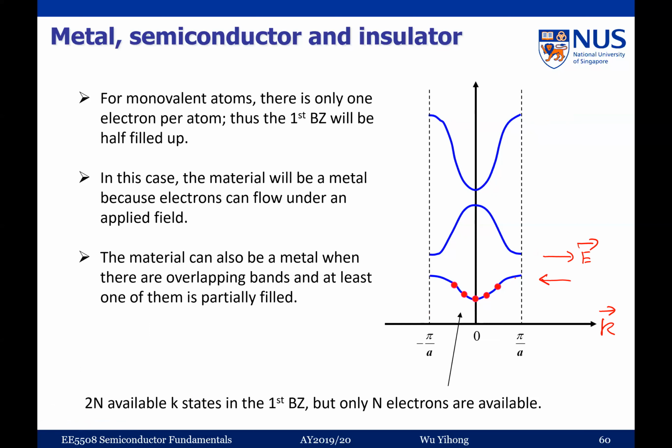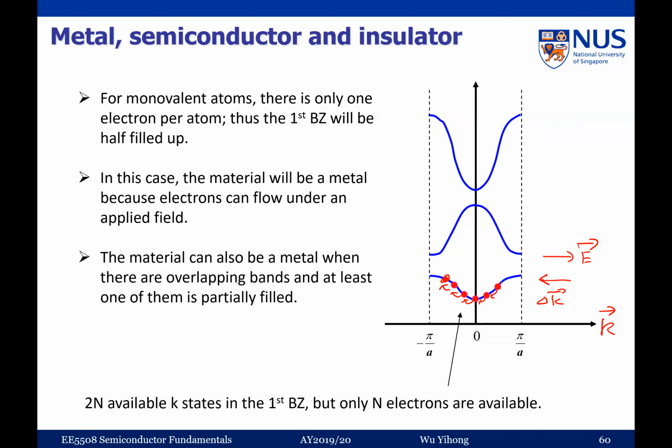When the electron tries to move in the opposite direction, this k has to change, so you have a delta k. So this electron will move here, and this will move here, and this will move here. Just continue, and eventually, of course, this part will be empty, right?